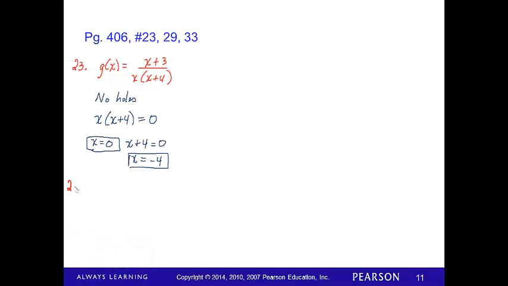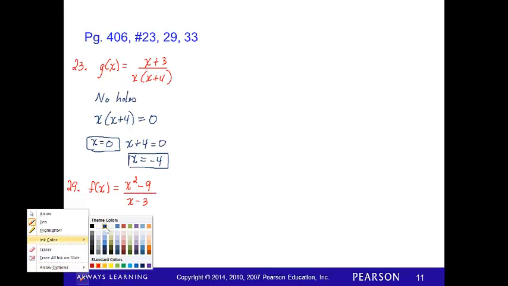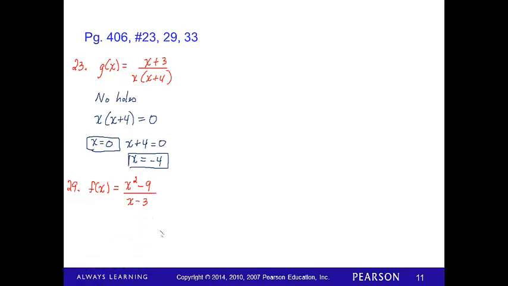All right, now let's look at number 29. So this time we have f of x equals x squared minus 9 divided by x minus 3. So the first thing we need to do is factor the numerator and the denominator if possible.